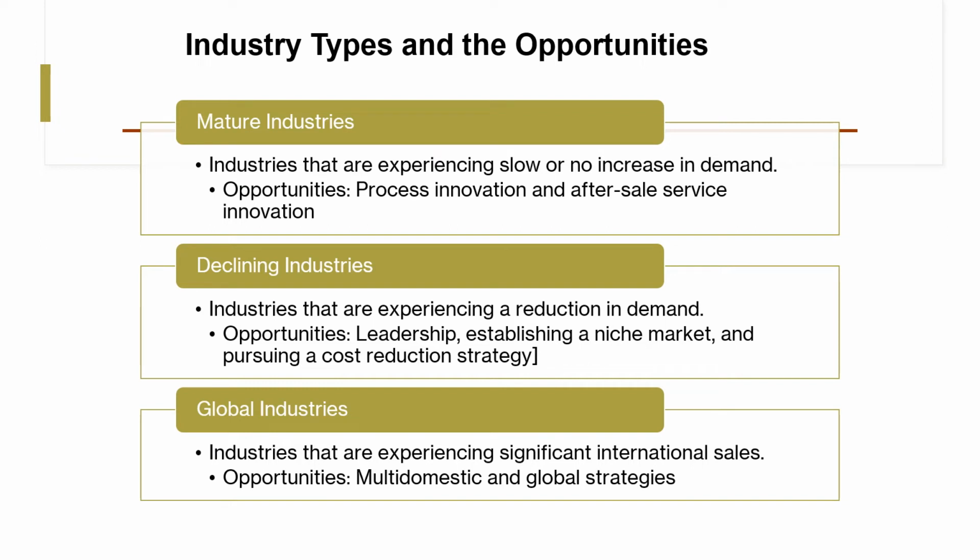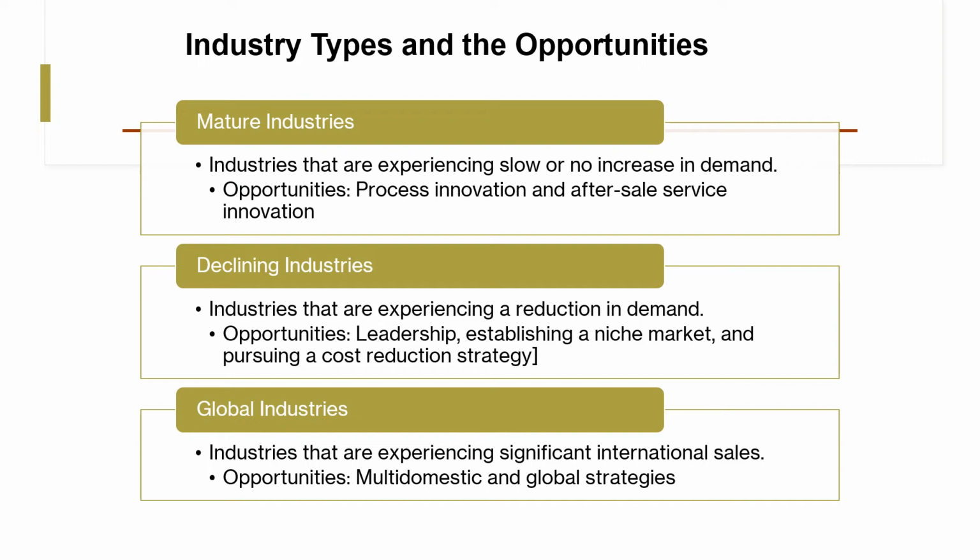So peluang yang dia ada, process innovation and after sales service of the innovation. So they are very slow, the mature market, the mature industry. Okay, and then declining industry that are experiencing a reduction in demand.